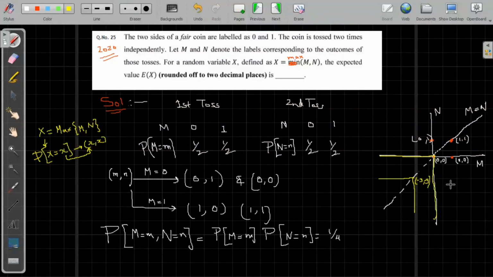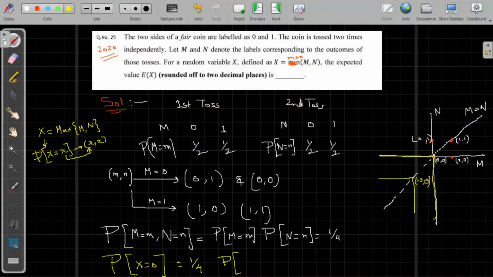So for that case, x value will be 0, because we are considering corner at 0 comma 0. So the probability will be the sum of all the joint probabilities of points that are lying on this boundary. Here only one point is lying, so only one joint probability will be considered. So that is 1 by 4.